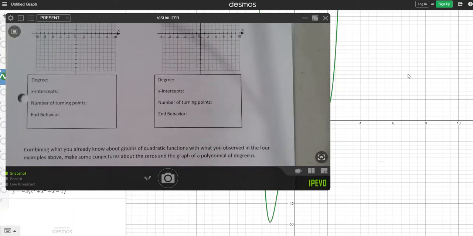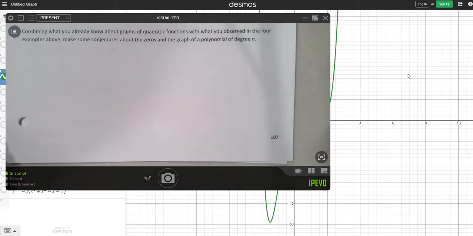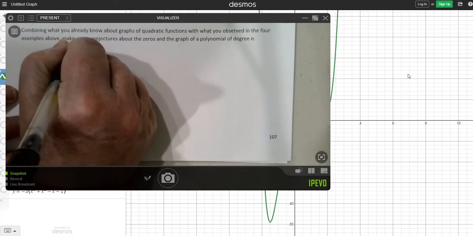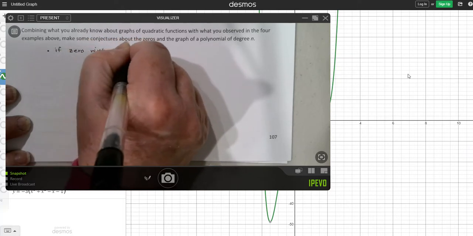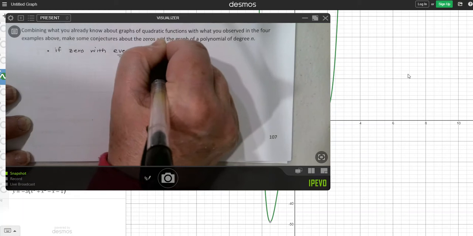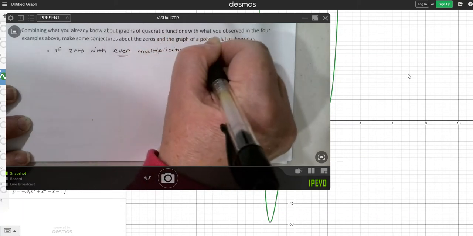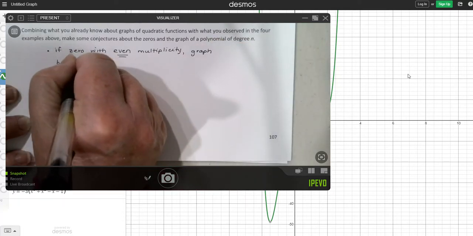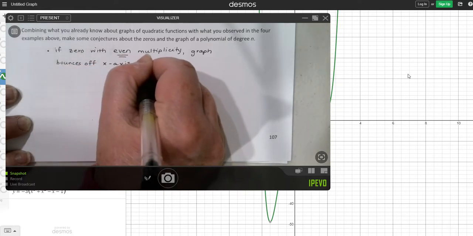So, to kind of summarize that, down at the bottom here of page 107, what I'm saying is if we have a 0 with even multiplicity, the graph is going to bounce off the x-axis at that 0.